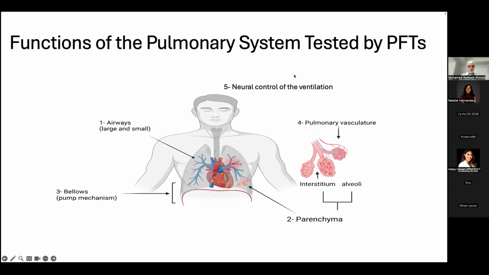And even the neural control, we can conclude if there is a neural control affection, because your breathing, the lungs, are told to expand by the brain and the central nervous system. The degree of expansion and the rate are all controlled by the master, the central nervous system.